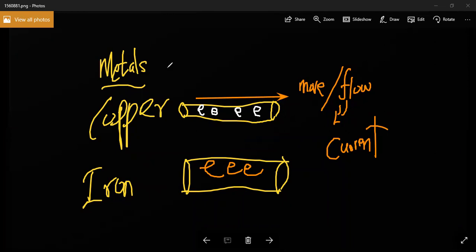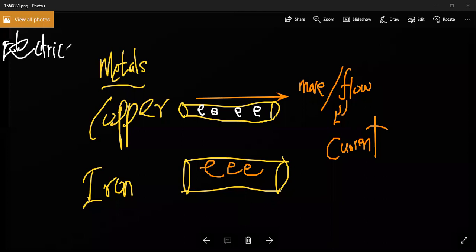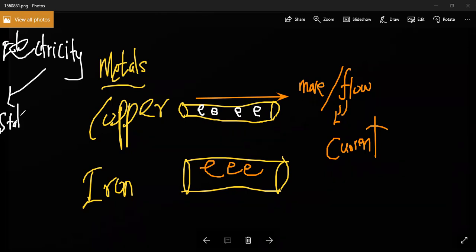We already studied in chapter number 2 that there are two types of electricity. Can you tell me what they are? Static electricity, we studied, and the second one is moving electricity.